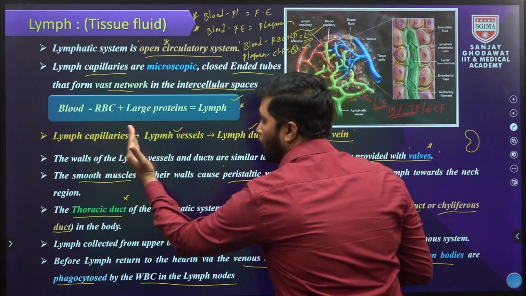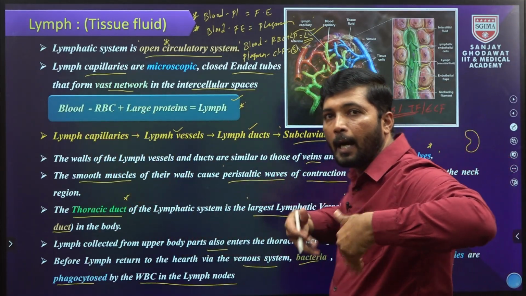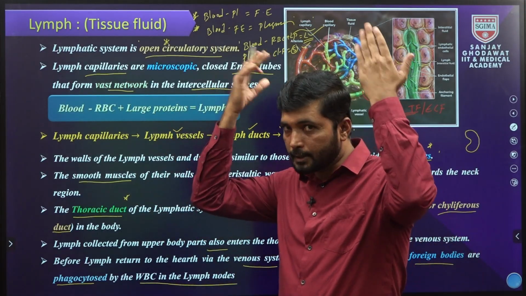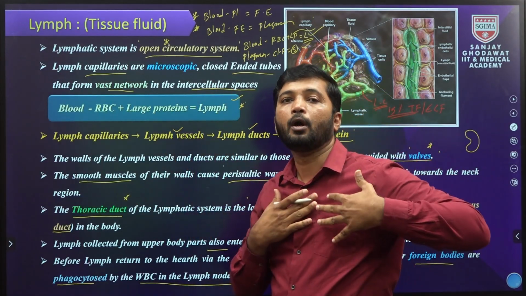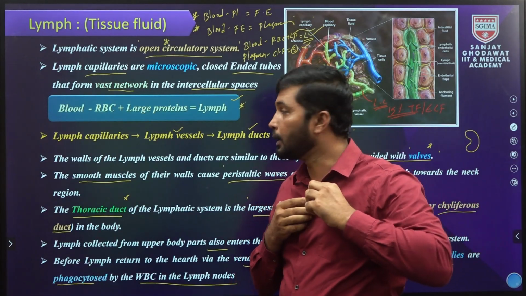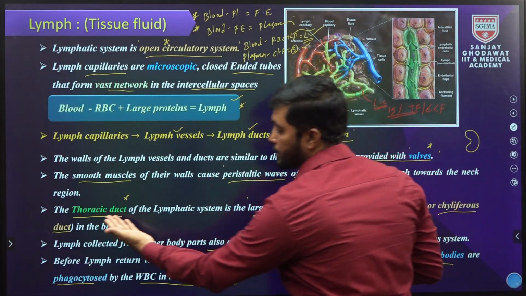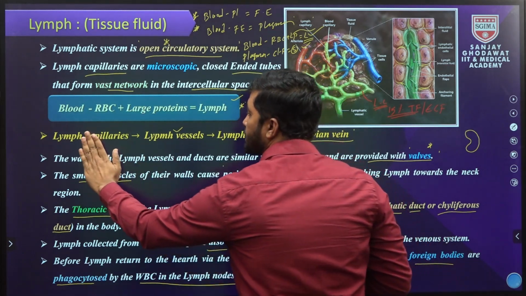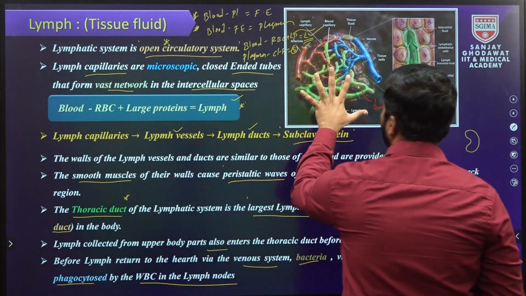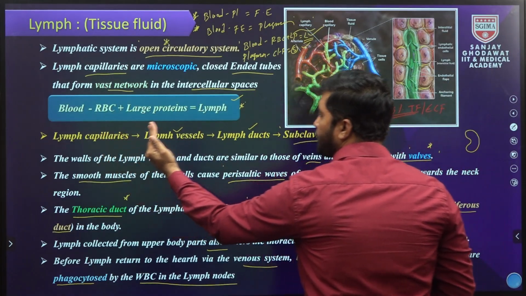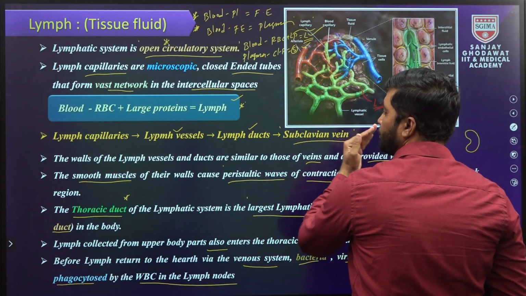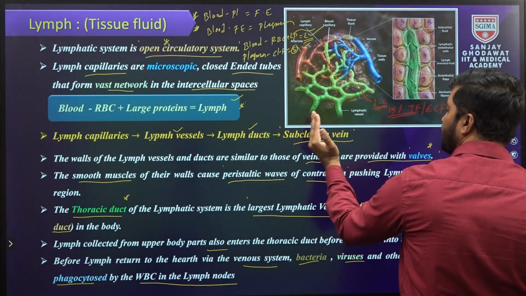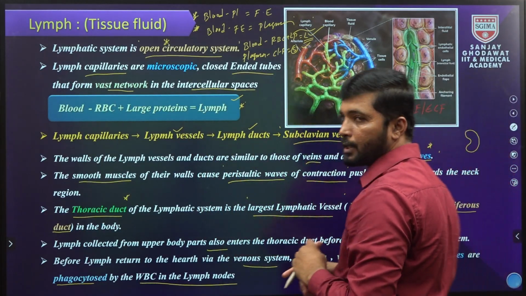Then it is transported from the lower body parts, as well as the upper body parts, towards the thoracic duct, which is a major duct in the lymphatic system. Then it is transported through increasing-diameter tubular vessels and ducts, finally to the subclavian veins, towards the venous system.